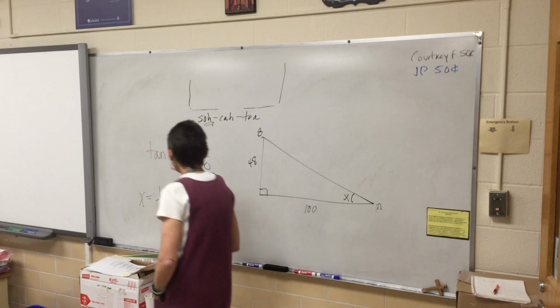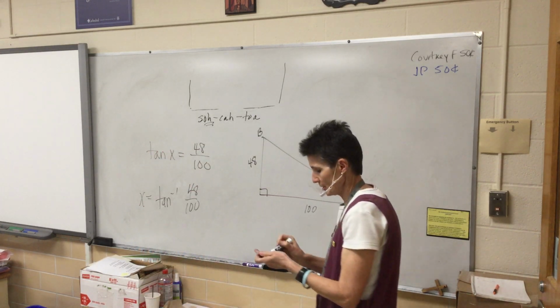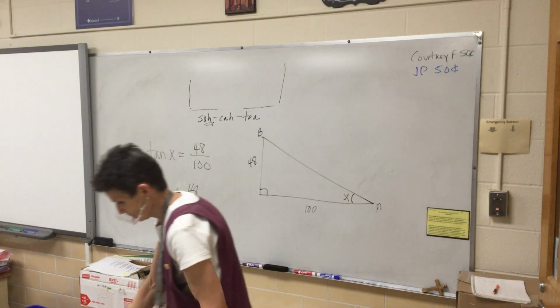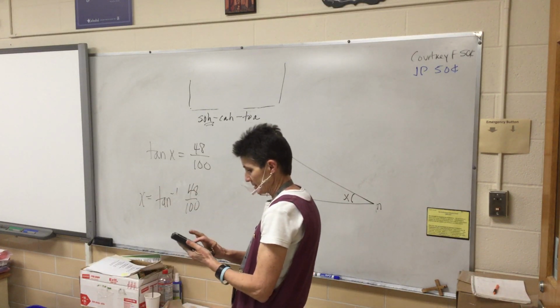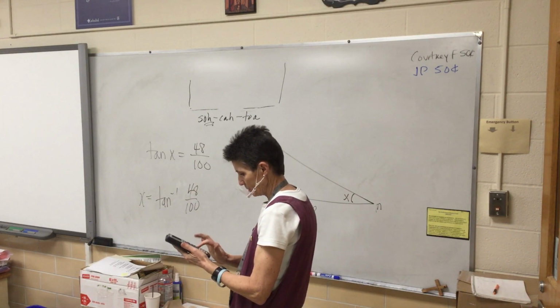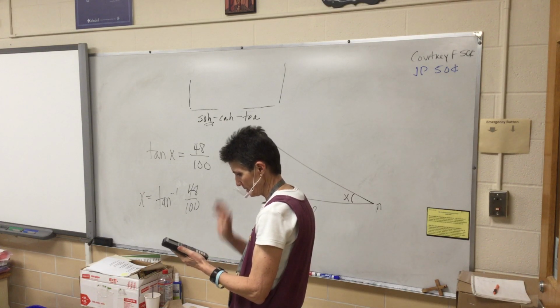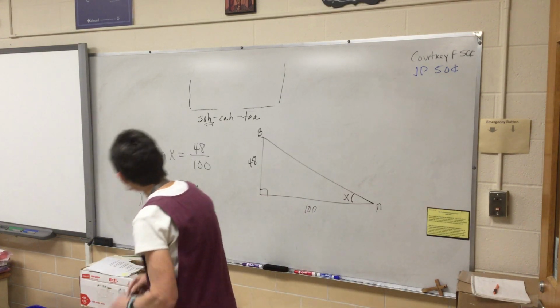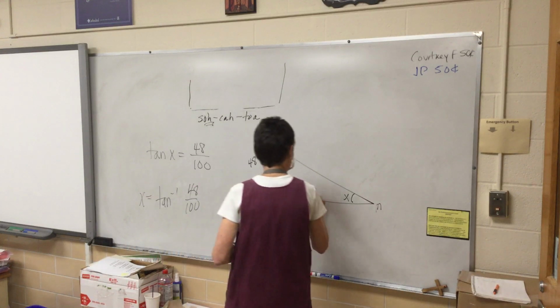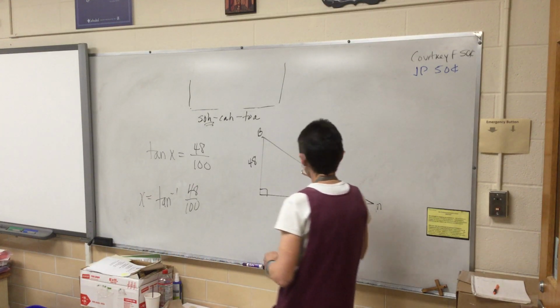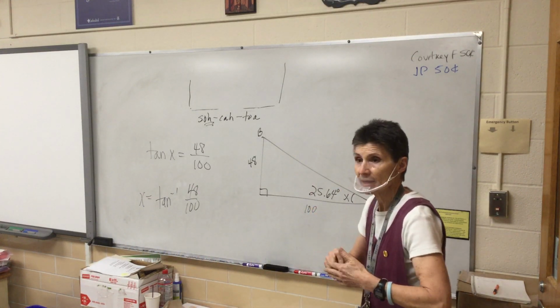So x equals second tangent 48 over 100. Second tangent 48 divided by 100. 25.64 degrees. Everybody okay with that?